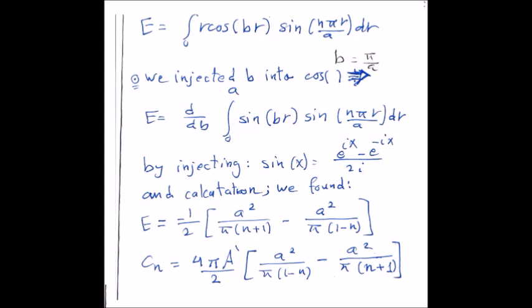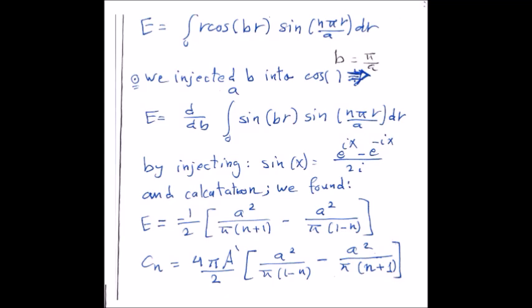So d over dp of the integration between 0 and a of sine(pr) sine(n pi r over a) dr. This integration is easy to solve just by remembering that sine x is equal to (e to the power ix minus e to the power minus ix) over 2i. I have the multiplication of two sines, so I have terms like that.